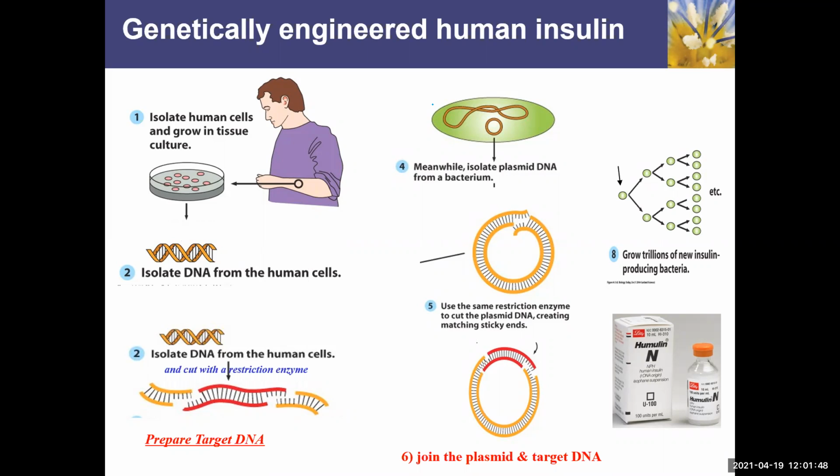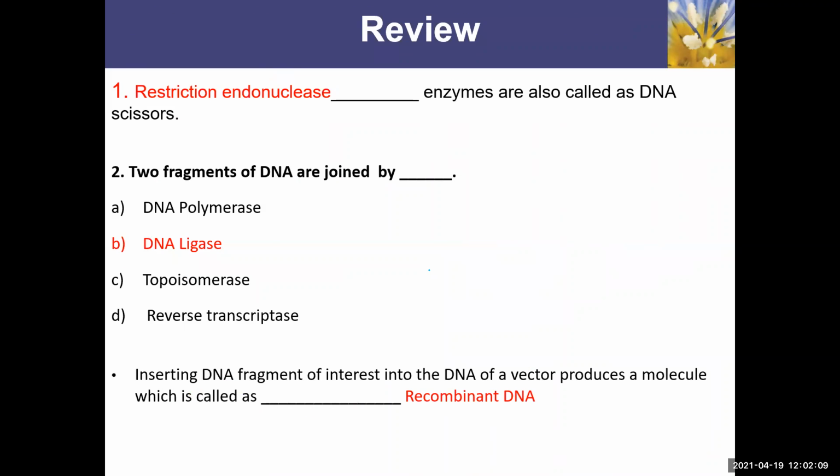We need the restriction endonucleases, which can cut the DNA, and the DNA ligases, which can stick the DNA. Once this plasmid has our gene of interest, it can be incorporated back into the bacteria, and the bacteria can produce clones of it.